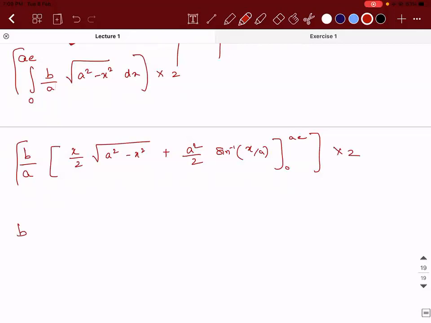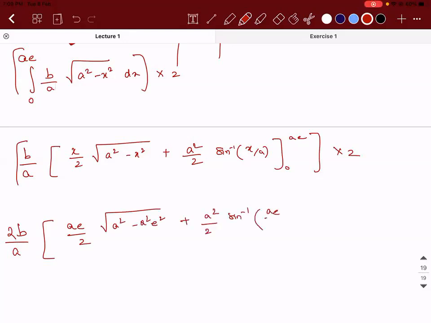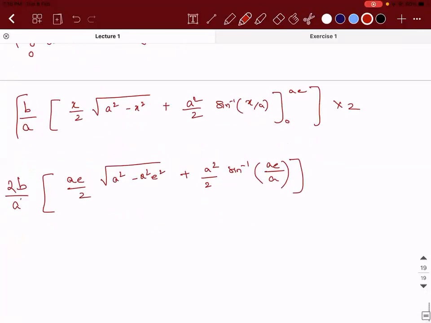So what I will do, I'll write this 2b by a outside, substitute the upper limit: ae by 2 into root of a square minus a square e square plus a square by 2 into sine inverse of ae divided by a, minus, if you substitute the other limit 0, 0 will come. There is nothing to do. So this a will cancel this and this.